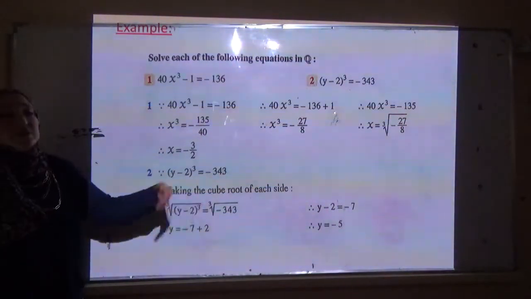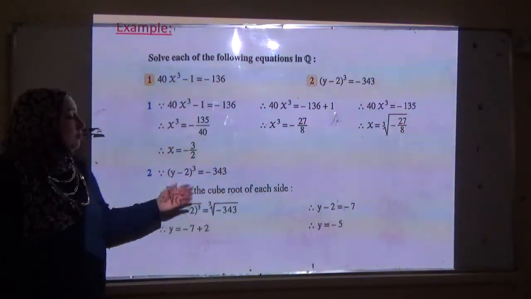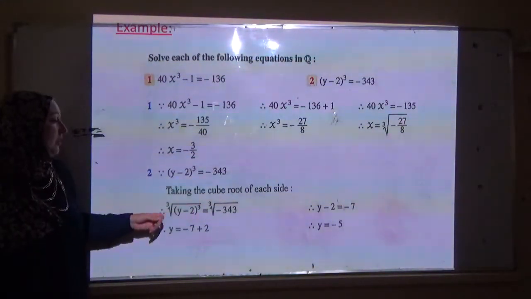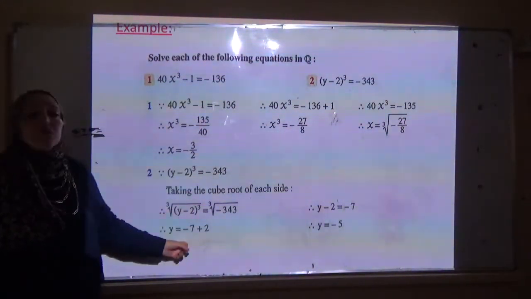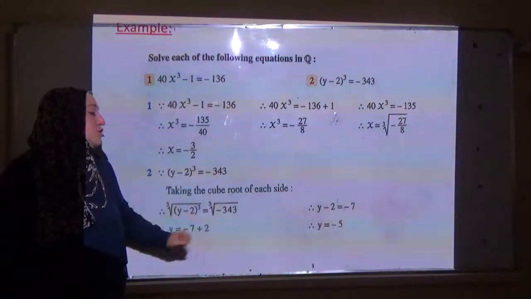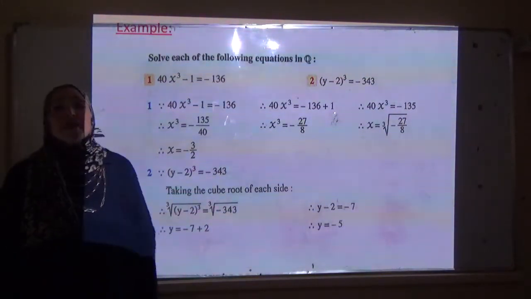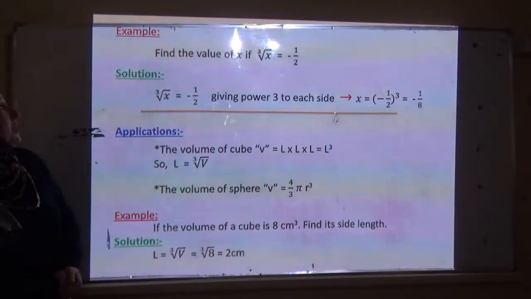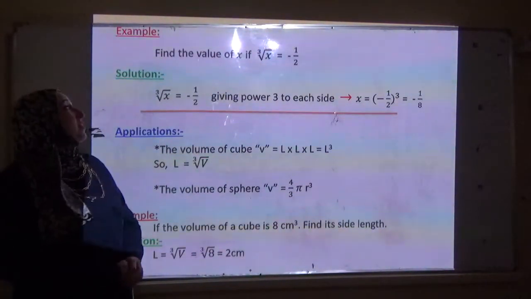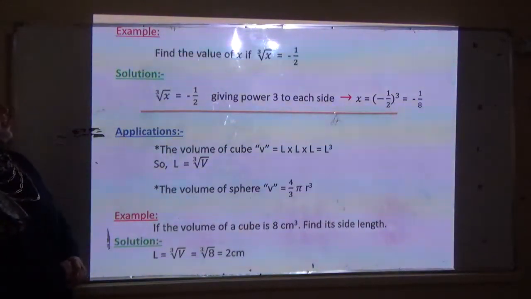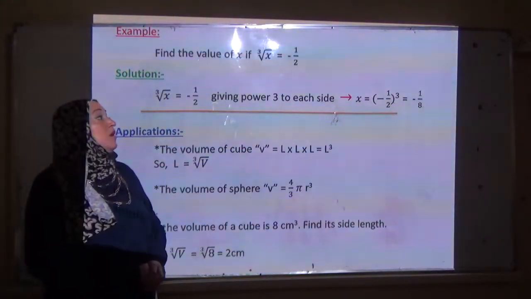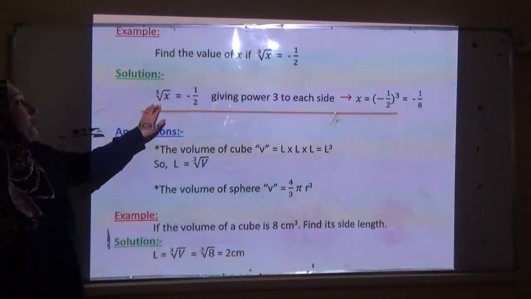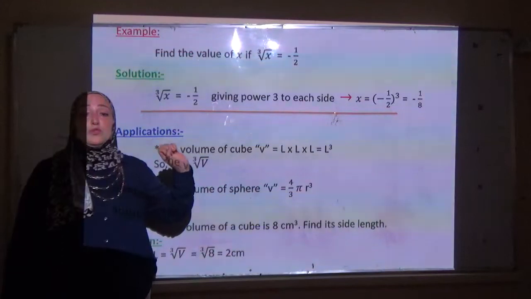We can solve it as normal. Move negative 2 to the other side by inverse operation, which is plus: y equals negative 7 plus 2, then y equals negative 5. Another example, find the value of x if the cube root of x equals negative 1 over 2.